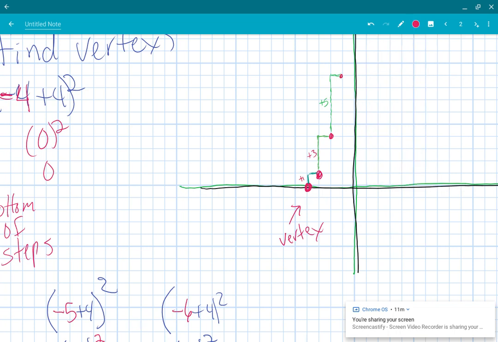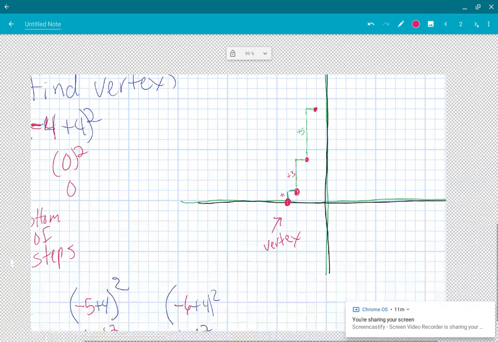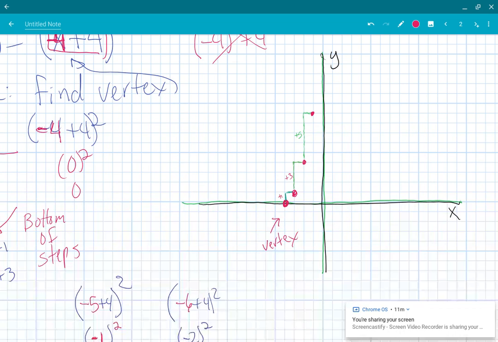Do you see how I'm doing less math now? Am I doing less math, or am I using math patterns too? And what do you think the next one's going to be? How far am I going to go? 7. 1, 2, 3, 4, 5, 6, 7.